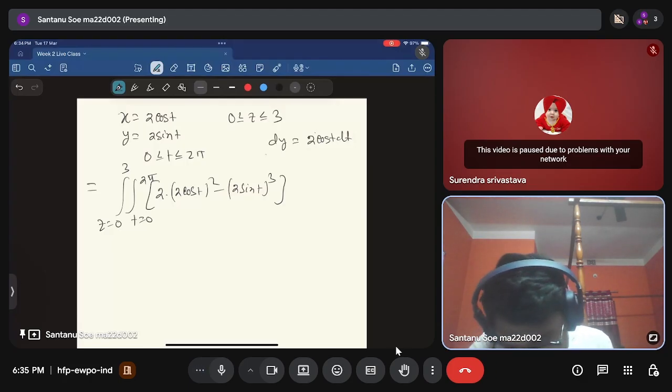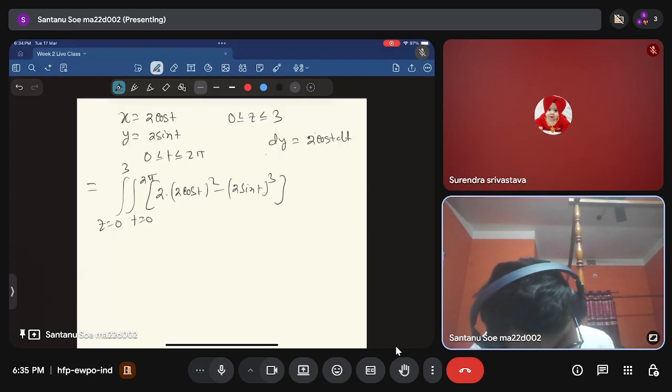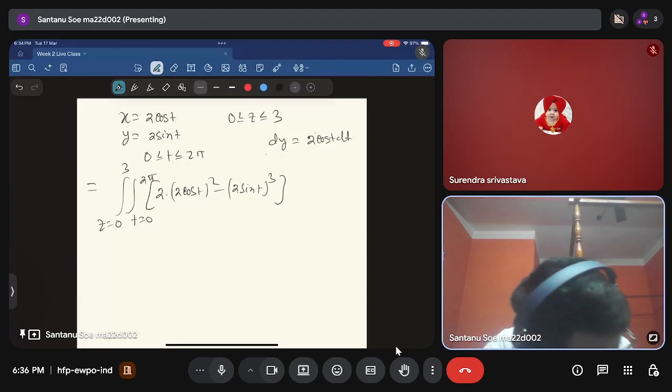Okay, so this will be 16 times the integral from 0 to 3 of t plus sine 2t by 2, divided by 2, minus cos 3t divided by 3 minus 3 cos t divided by 4. Okay, and this will be from 0 to 2 pi.